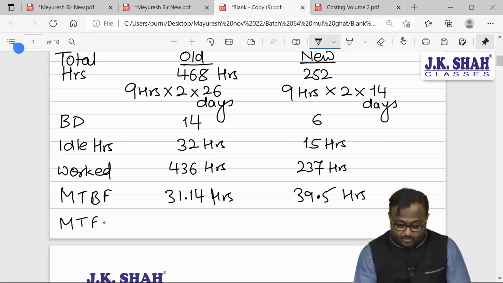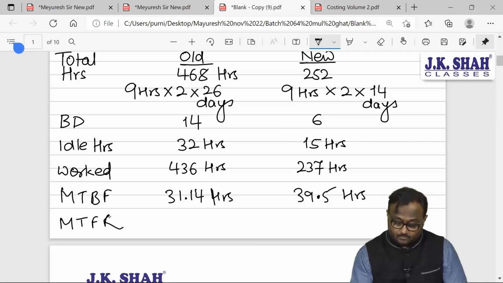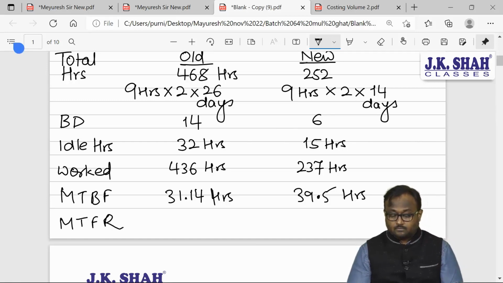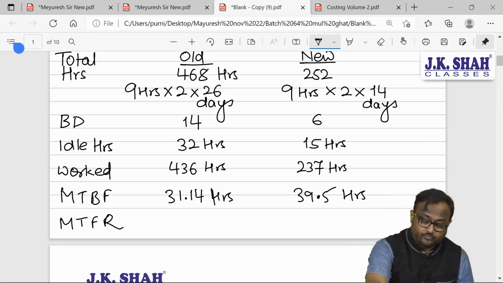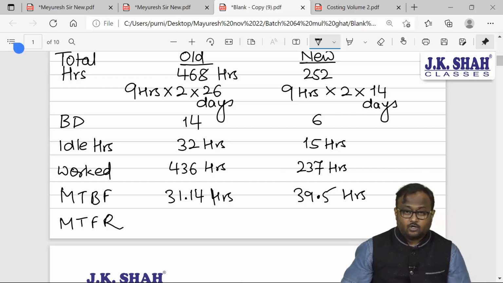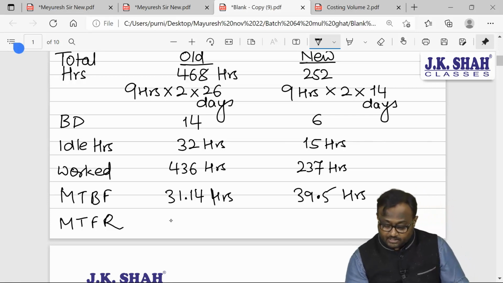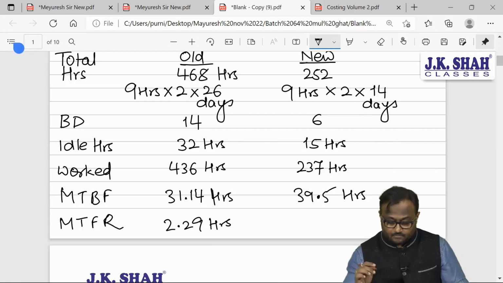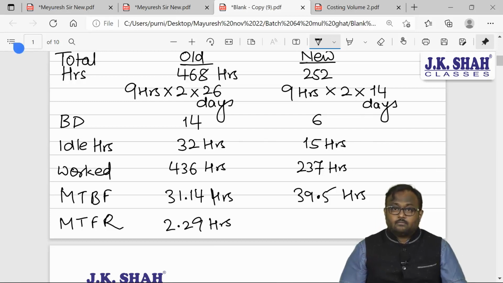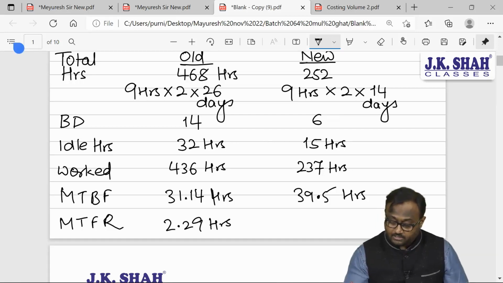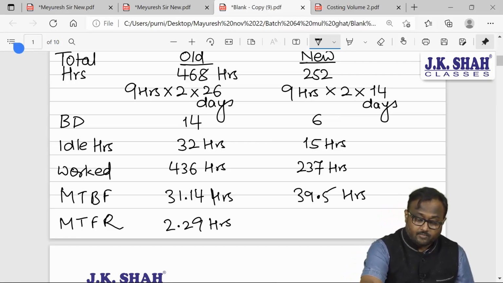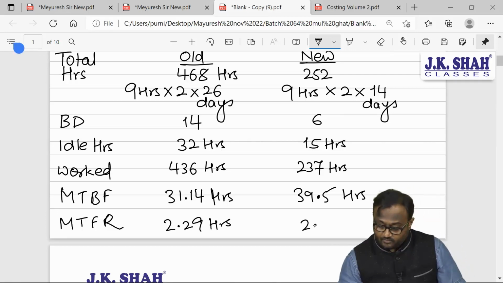And mean time for repairs, if 32 hours are wasted in 14 times, that means each time it was 2.29 hours taken for repair work, whereas here 15 divided by 6, 2.5.